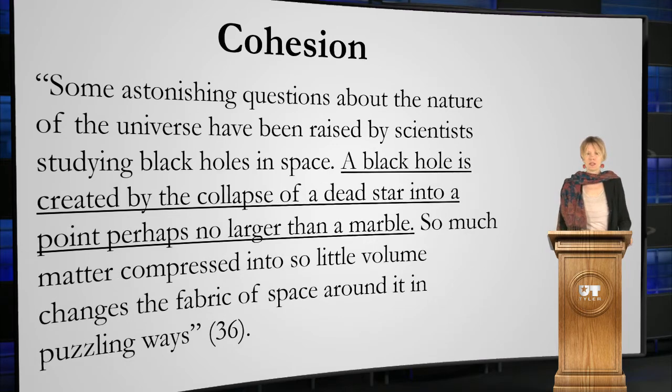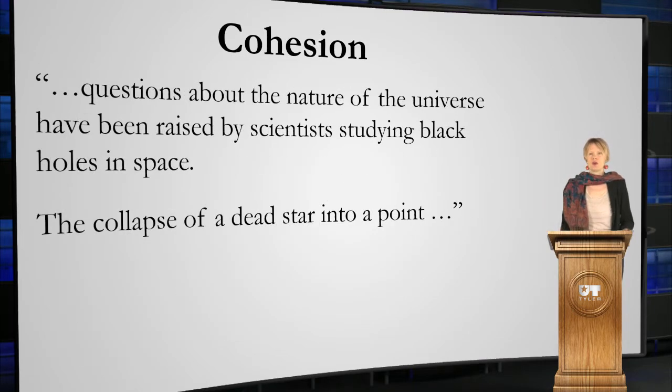So he proposes this revision. This first sentence ends with studying black holes in space, and then if you reverse it to say a black hole is, that lets the reader know, I'm going to explain what black holes are in case you don't know or you've forgotten. So here's just zooming in a little bit on what I just said. The first sentence ends with black holes in space.